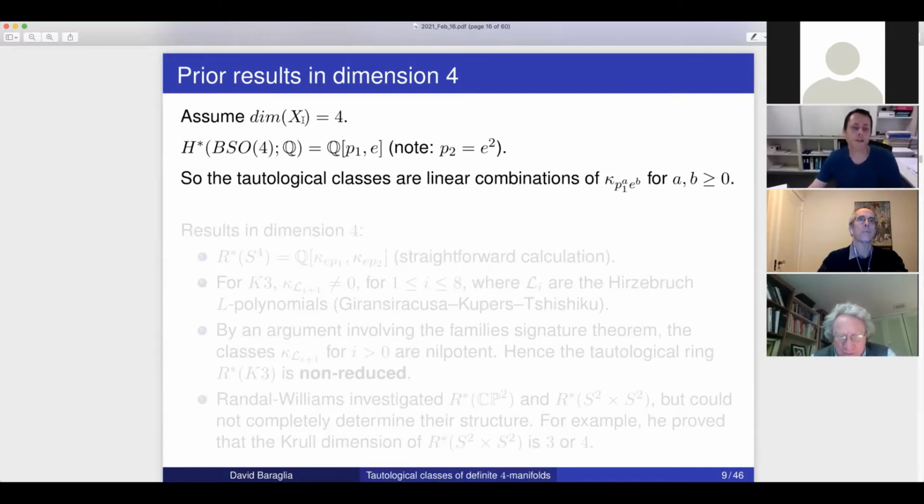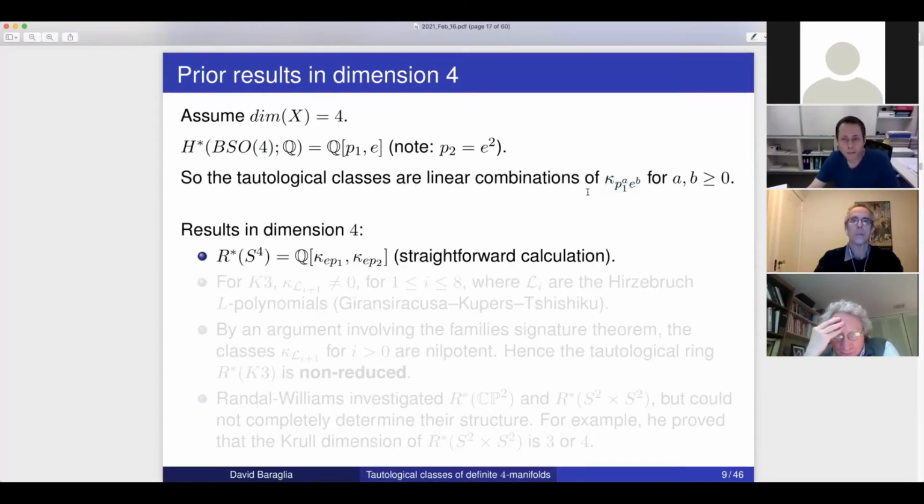So first of all, note that in the 4-dimensional case, the cohomology of BSO(4) is just generated by p1 and e, and of course p2 is e squared. So tautological classes are just going to be linear combinations of kappa p1^a e^b for integers a and b.